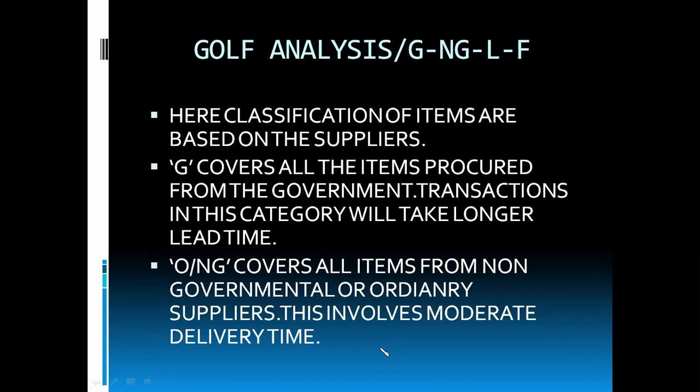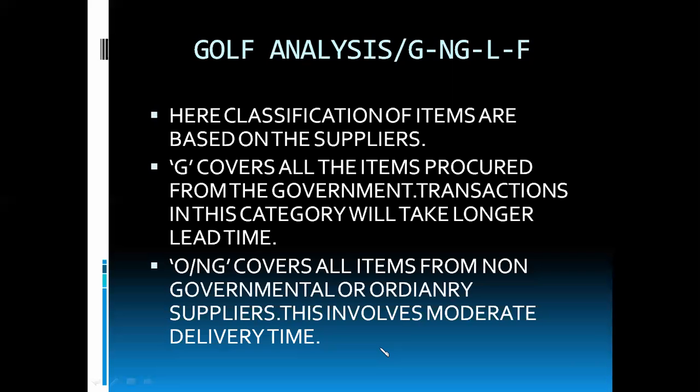Here the classification is based on the supplier, or from where we are procuring the goods. G covers all the items procured from the government. In this category, the transactions will require more time because there will be government restrictions and more paperwork might be involved. So the lead time will be more.